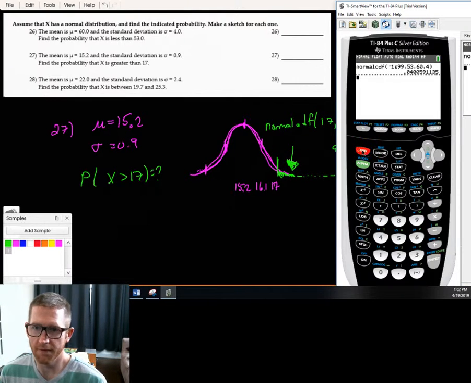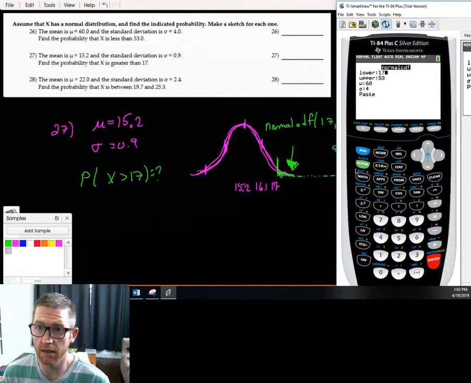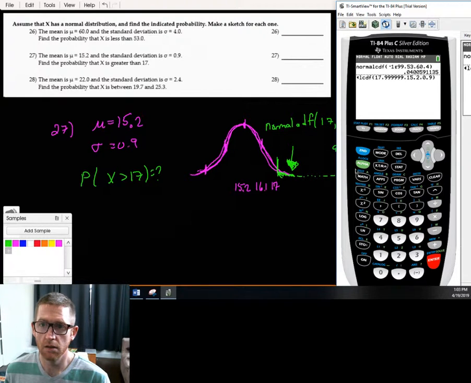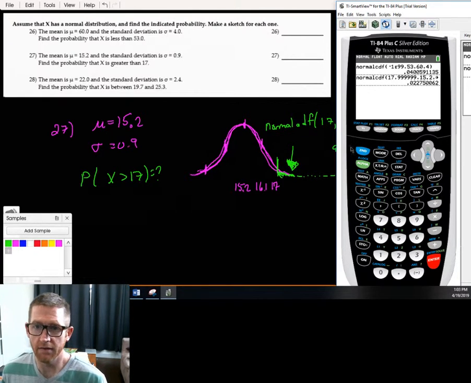So we'll run normal CDF from 17 all the way up to lots of 9s, where the mean is 15.2 and the standard deviation is 0.9. And we get a value of 0.02275.